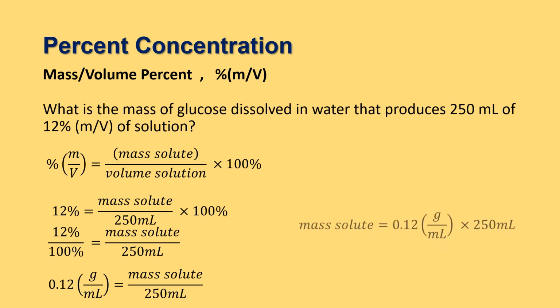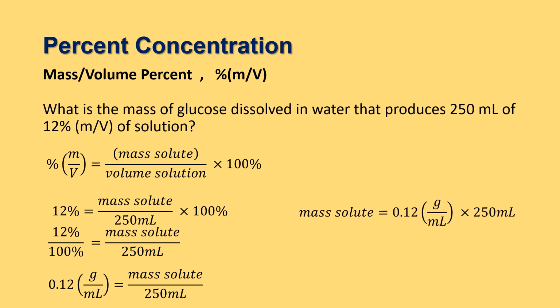So we have now the mass of solute is equal to 0.12 gram per ml times 250 ml. As you can see here, the unit of ml will be cancelled, and we will be left with the unit of mass in terms of grams. So the mass of solute now is equal to 30 grams, and that is the mass of our solute, which is the glucose.